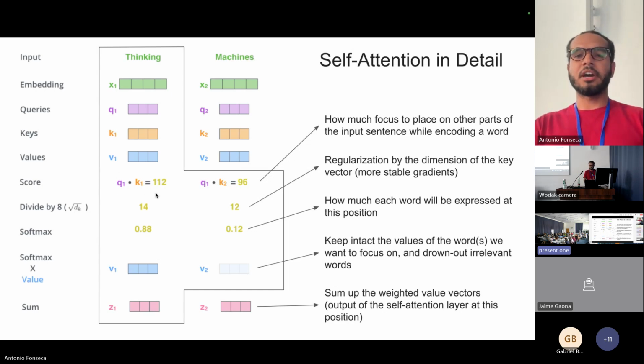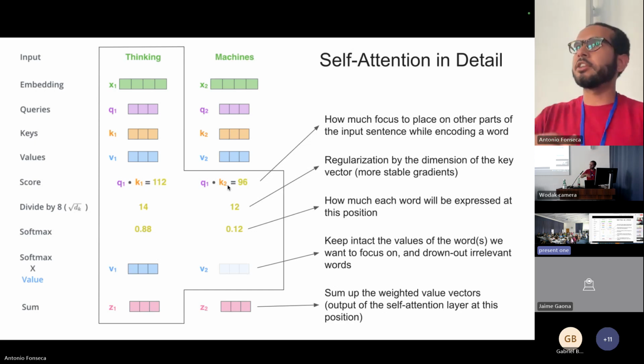When I'm trying to find how much information I'm extracting from the other words in the series, I'm going to be doing this product between the query associated to the word that I'm trying to learn a representation for, with the keys that are coming from all the other words. So that's why I have Q1, K1, Q1, K2, and you keep doing that for as many words as you have in your series, okay?